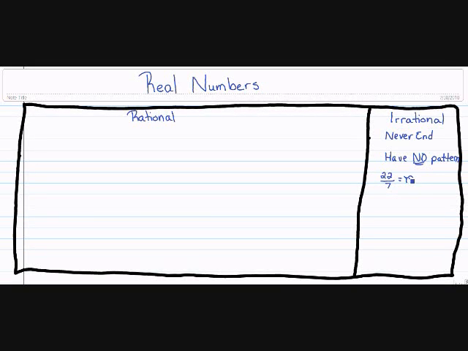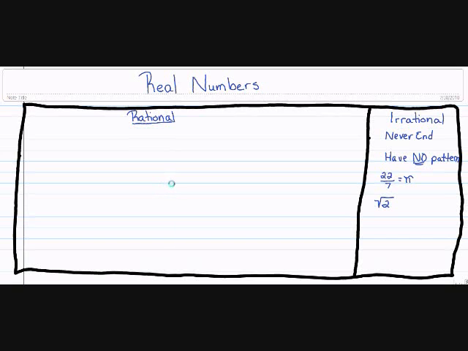It never ends, and it has no pattern to it. Another one would be radical 2. If you calculated radical 2, it has no end, and it has no pattern. Everything else are rational numbers.